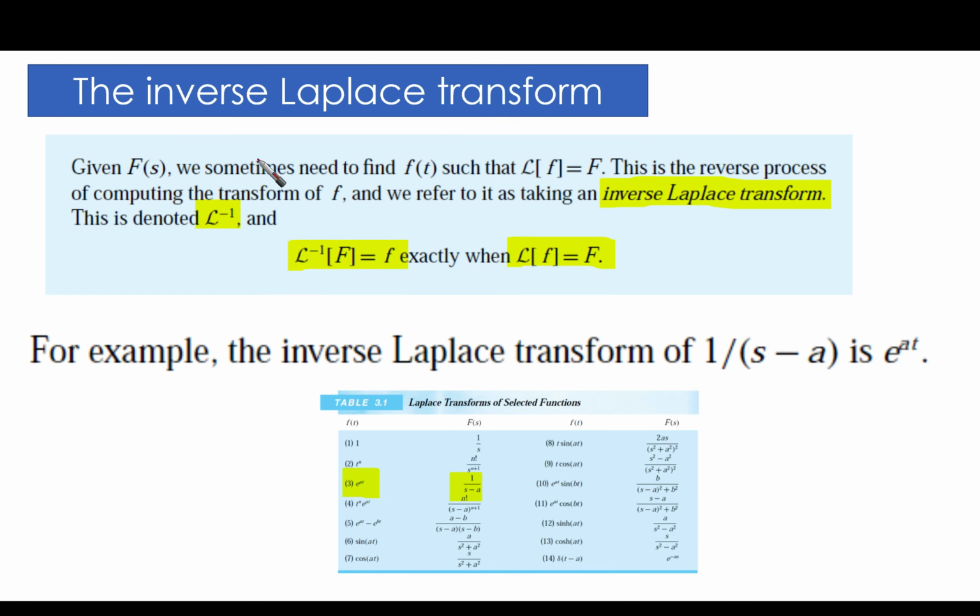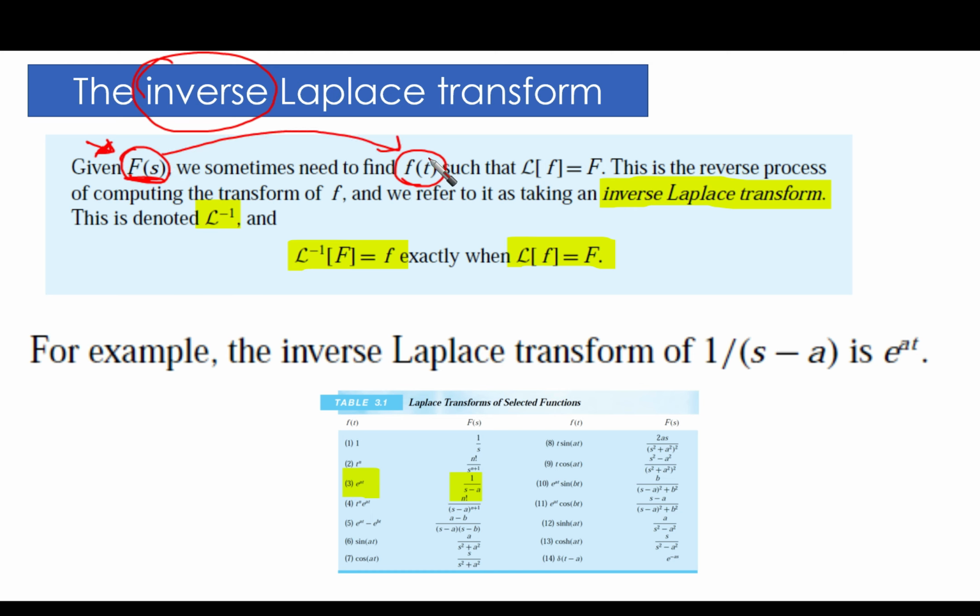Okay, now let's go to another characteristic of Laplace transform, which is the inverse. Given F of s, we sometimes need to find f of t. Take care, what is this? Exactly, it is the Laplace transform. Sometimes we have the transform in our hands, but we want to get what?